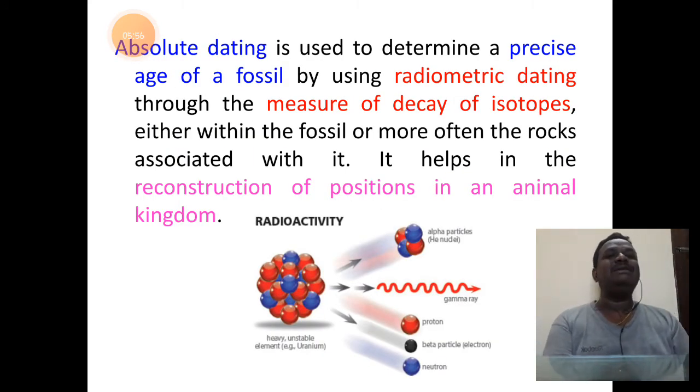The second method is the absolute method of dating of fossils. In absolute dating, it gives us the very precise or absolute age of a fossil or fossilized rock. It is determined by the radioisotopes or radioactive elements present in the fossils or in the rocks.